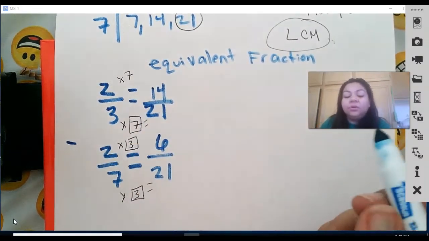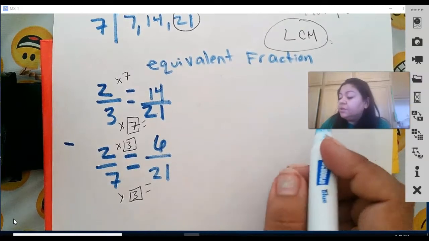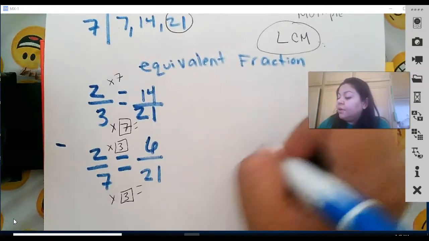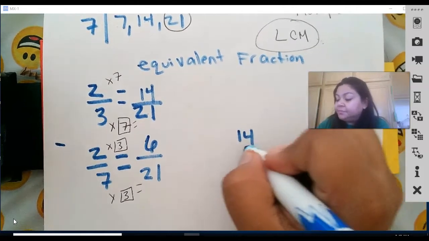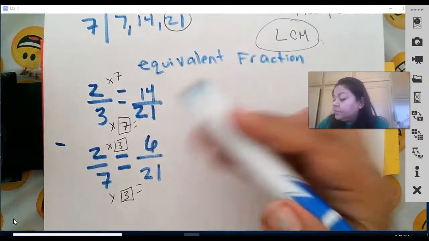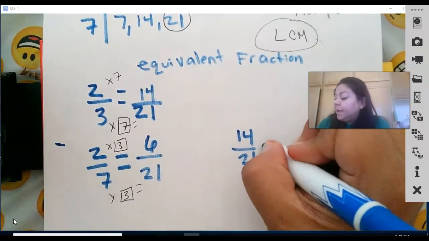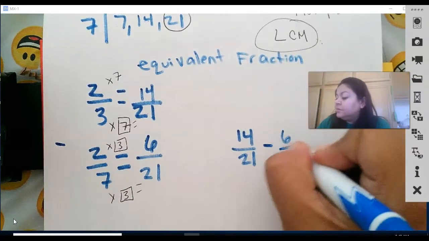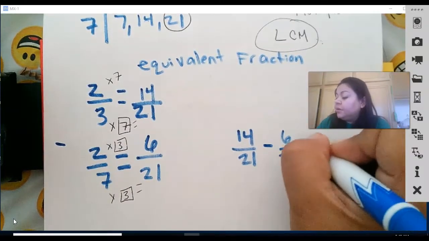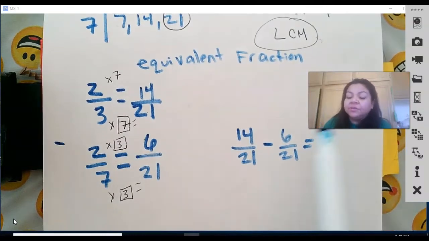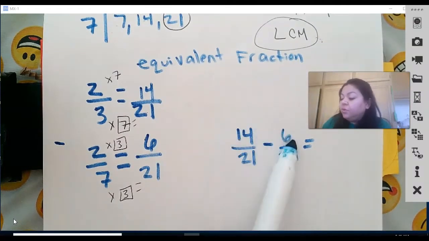Now I can actually do the subtraction. So now I can subtract 14 21s, which is my 2/3, minus 6 over 21. Because remember, in subtraction or adding of fractions, you only add or subtract the numerator, not the denominator.